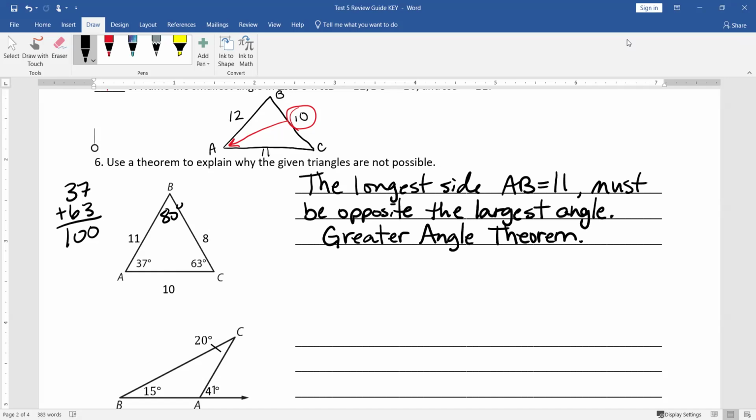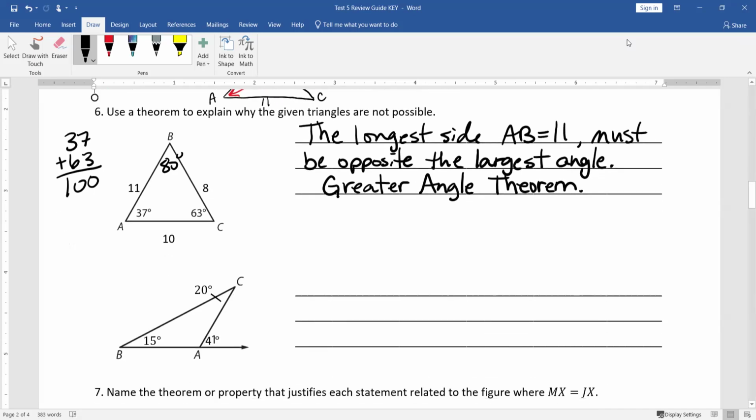It's not physically possible for the medium side, the 10 unit side, to be opposite that largest angle, angle B.